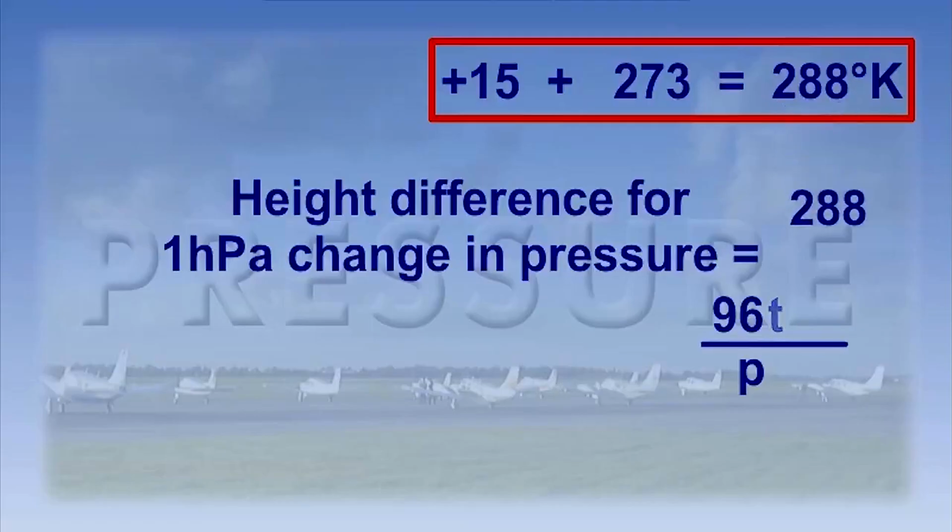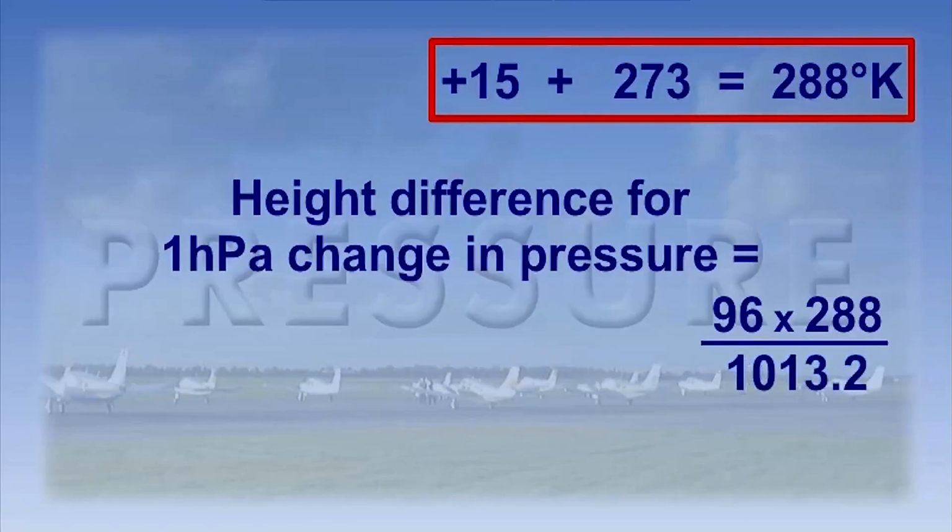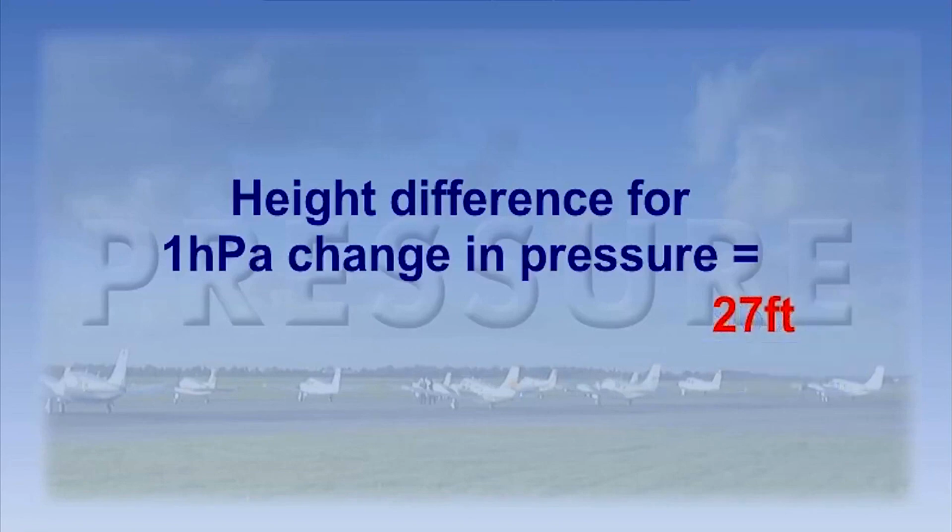Now we have 96 multiplied by 288 Kelvin. The pressure at mean sea level according to ISA is 1013.2 hectopascals. The result now shows that a change in pressure of 1 hectopascal at sea level in ISA represents a height change of 27 feet.